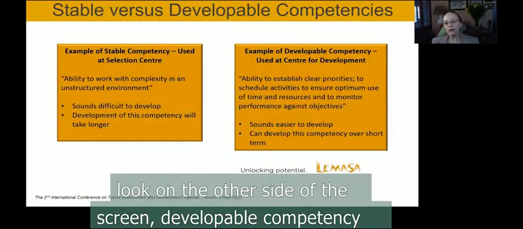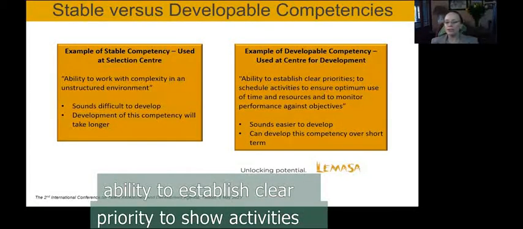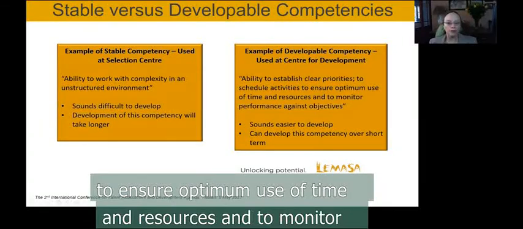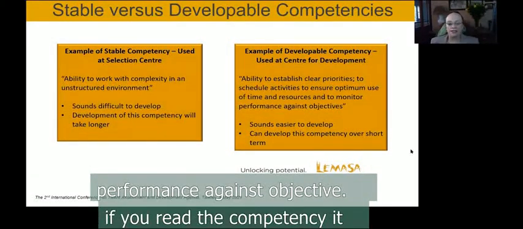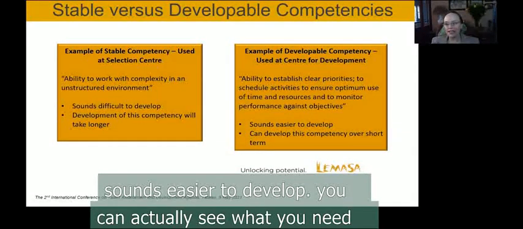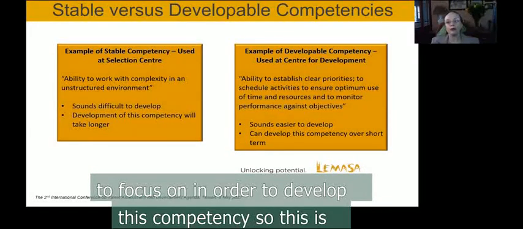Versus if you look on the other side of the screen, developable competency: ability to establish clear priorities, to schedule activities to ensure optimum use of time and resources, and to monitor performance against objectives. If you read the competency, it sounds easier to develop. You can actually see what you need to focus on in order to develop this competency.